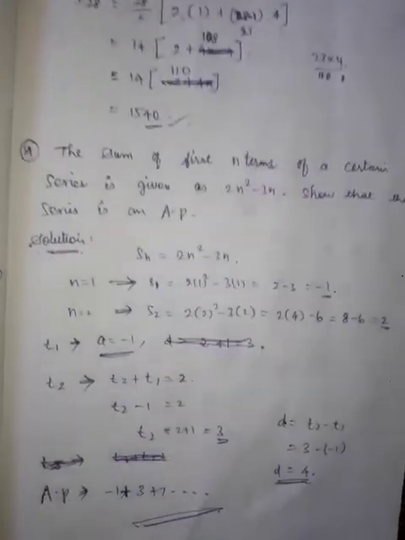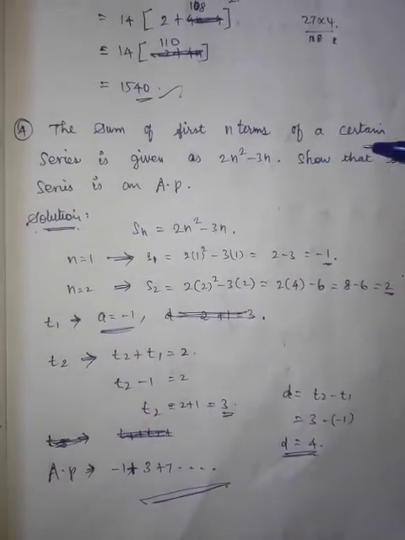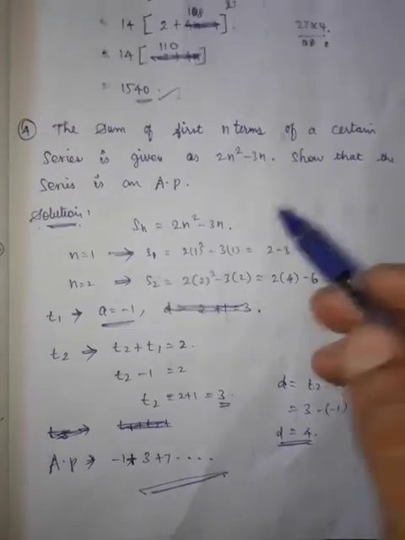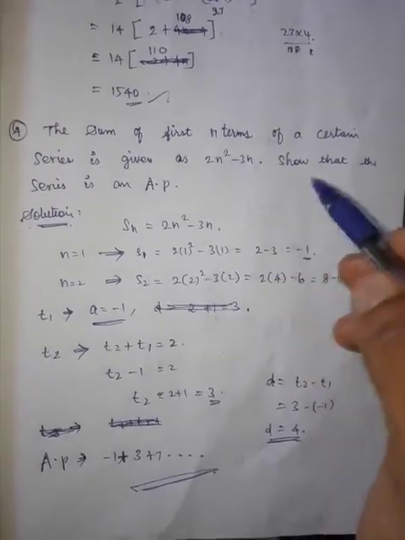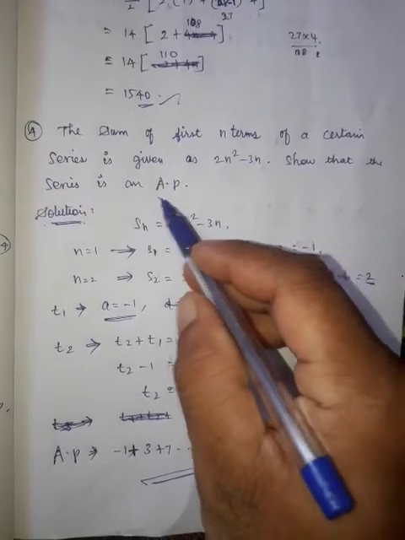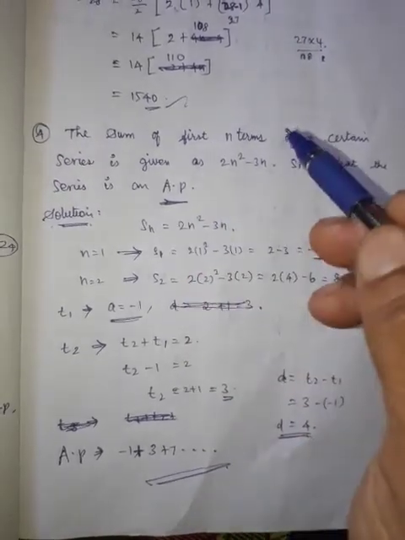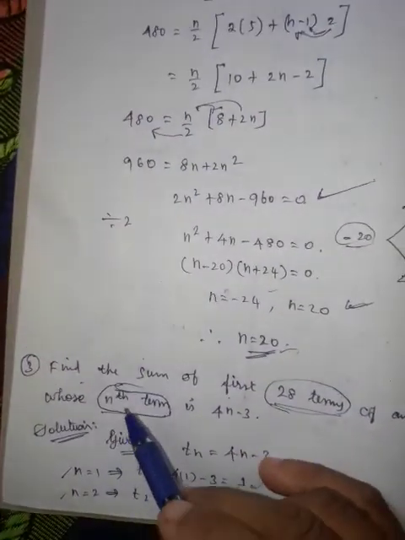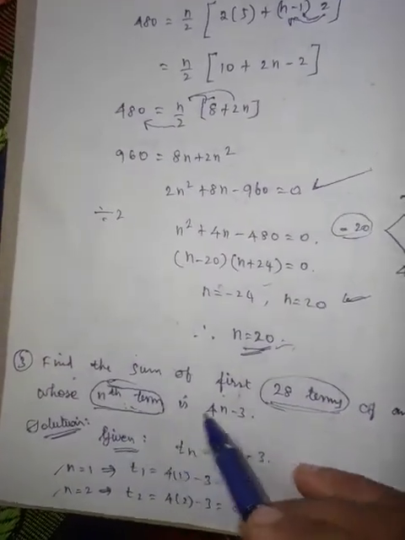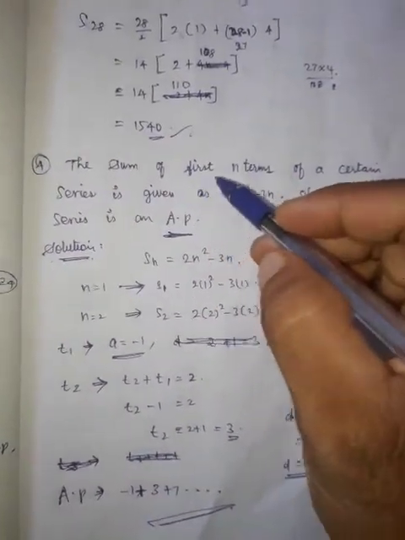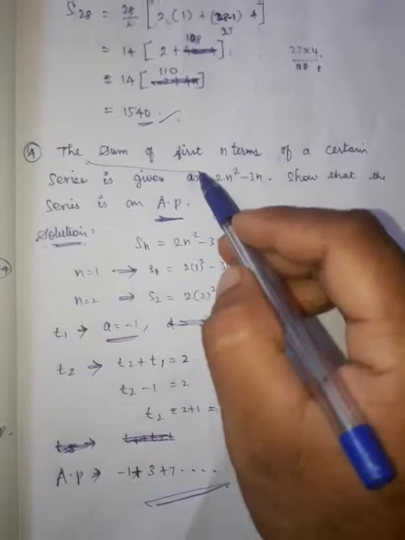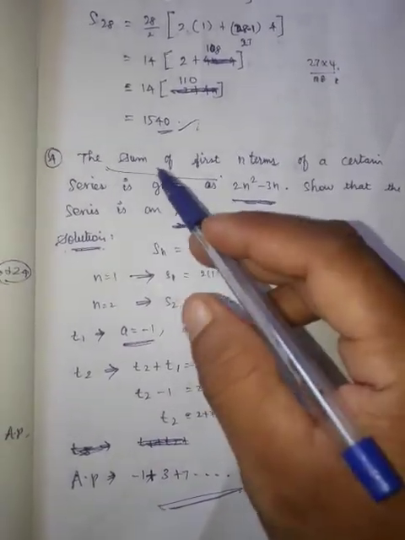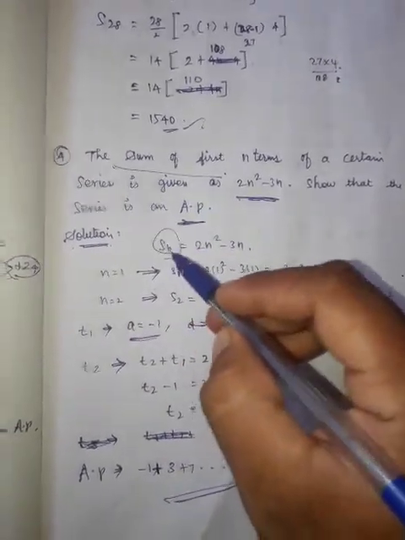The fourth question: the sum of the first n terms of a certain series is given as 2n square minus 3n. Show that the series is an AP. Listen to one thing here. In the third sum the nth term was given, but here the sum of the first n terms is given, Sn, not Tn.